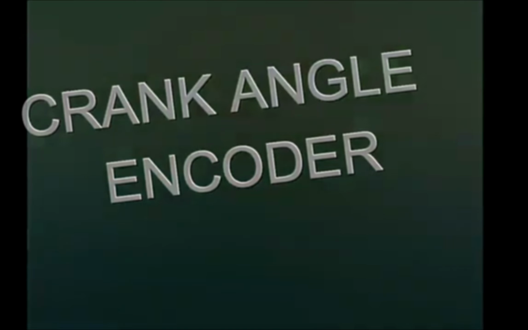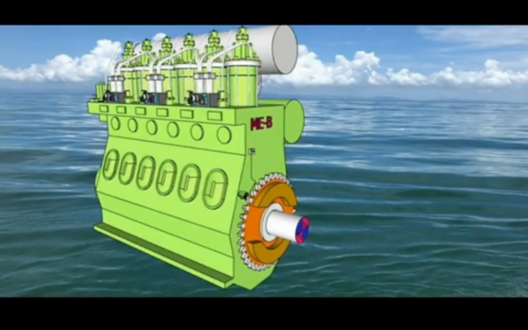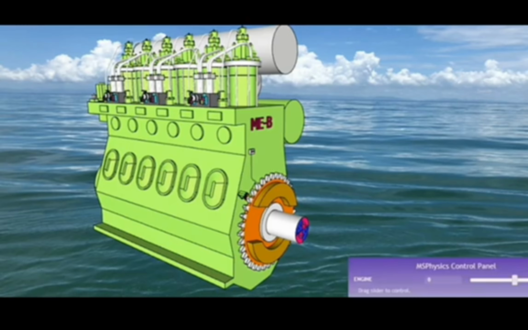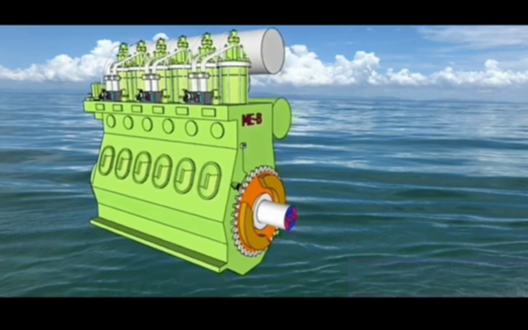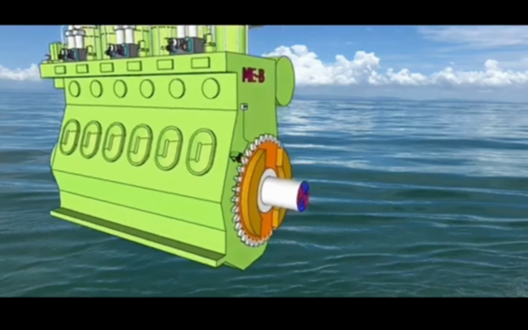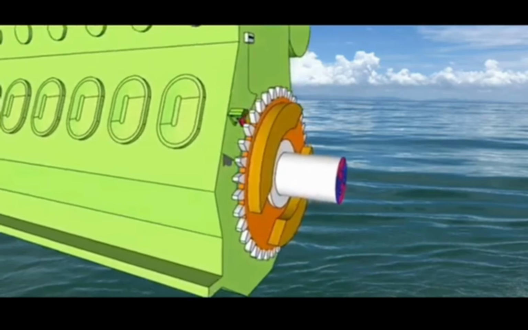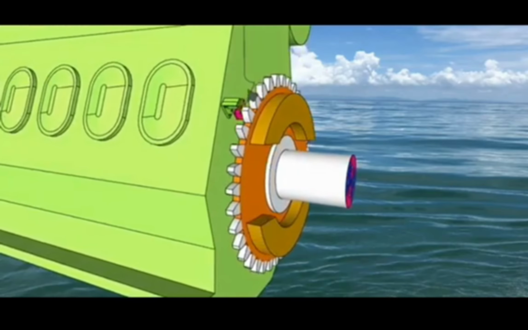Next is the crank angle encoder, which is very important for electronic engines. It gives the actual RPM and actual crank angle position to achieve the proper timing of fuel injection, exhaust valve operation, cylinder lubrication, etc. This is achieved by these encoders, and one encoder we are going to use later as a reference encoder.